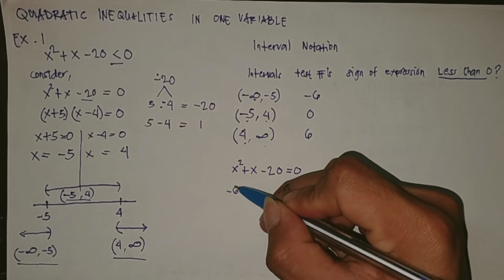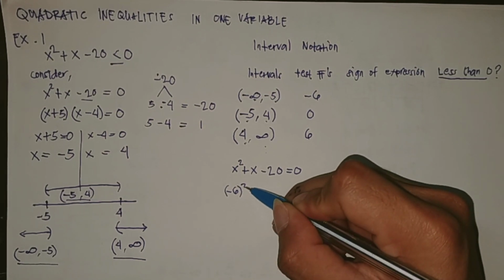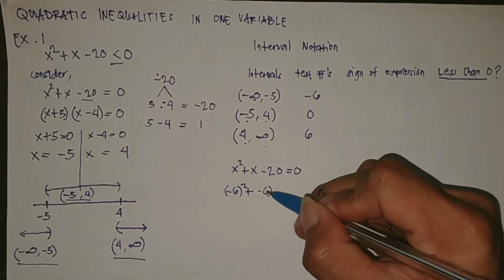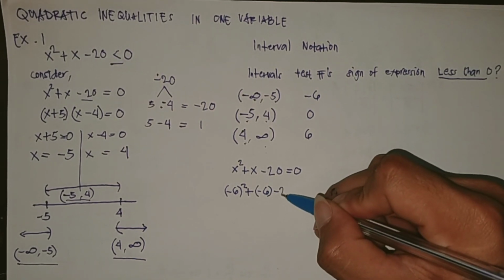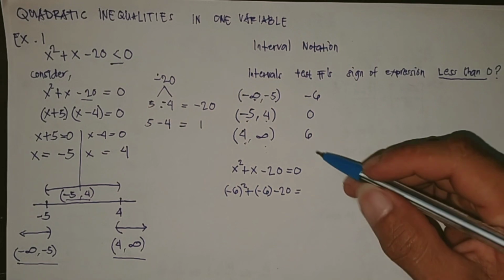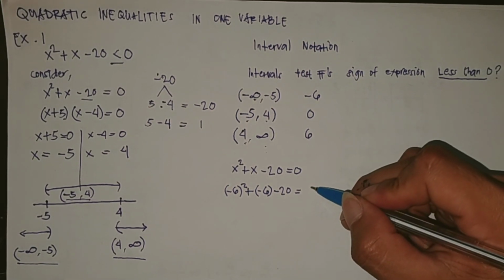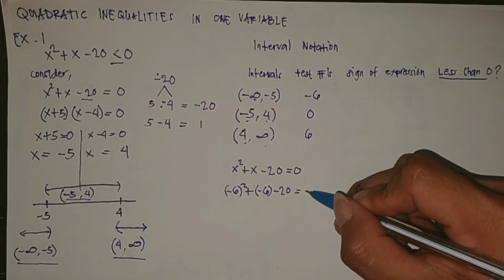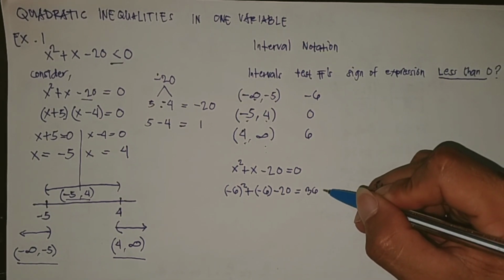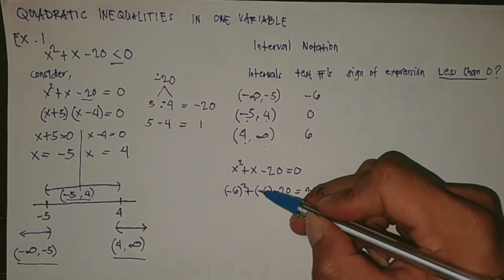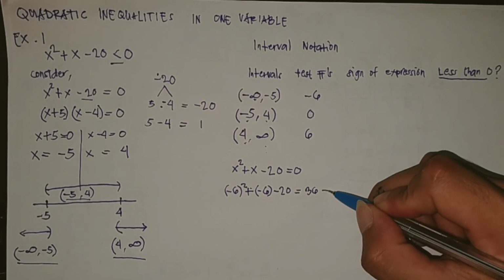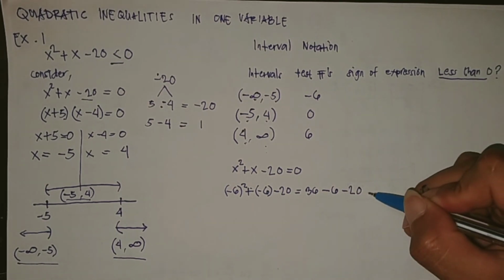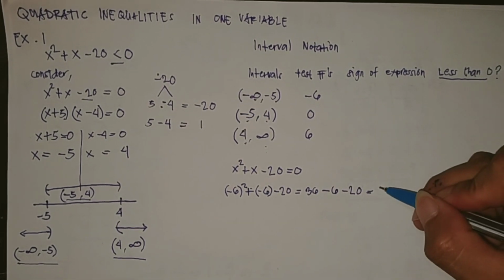We have negative 6 raised to the power of 2 plus negative 6 minus 20. So we have positive 36, negative 6, negative 20, and that equals positive 10.